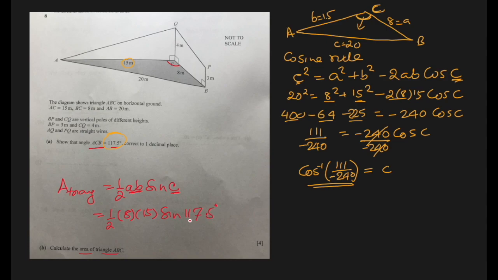C is the angle, this one we got. Let me use my calculator for this, which comes out to be 53.22. Since we need 3 significant figures, so 53.2 meter square. That is the area of triangle ABC.